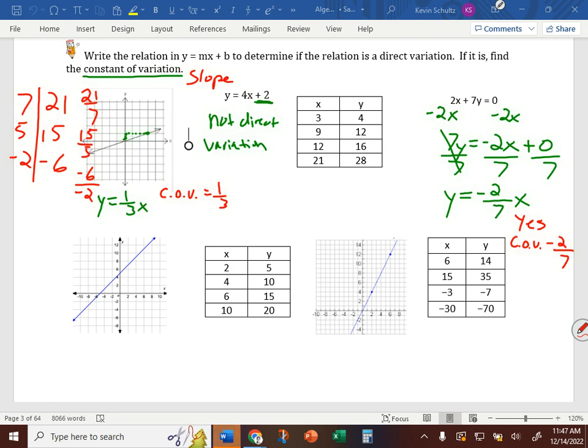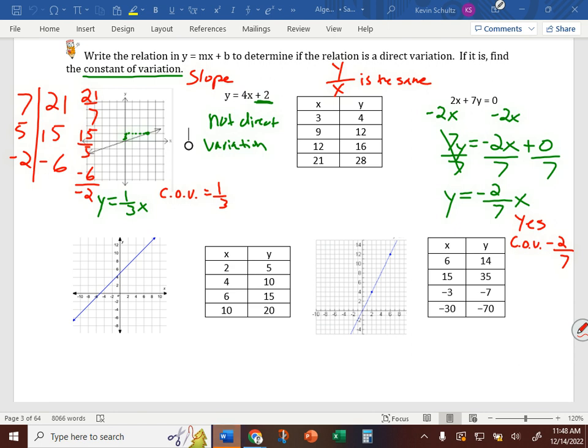Okay? Direct variation is going to exist if, and this is what makes these XY tables a little bit easier to work with, if y divided by x is the same. If y divided by x is the same, it has direct variation because they're all proportional, right?